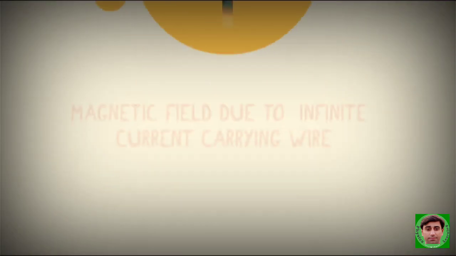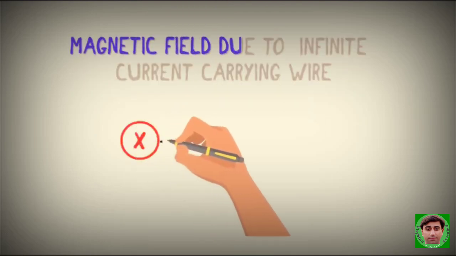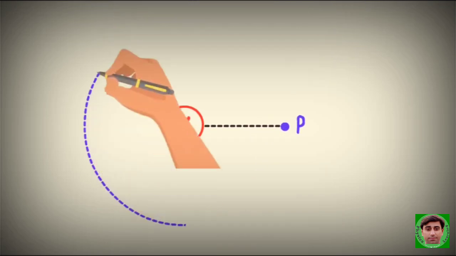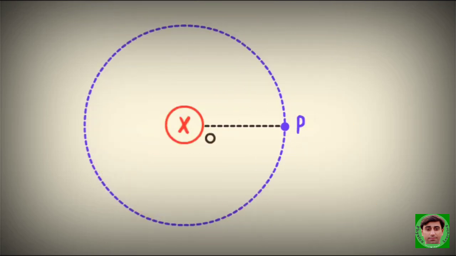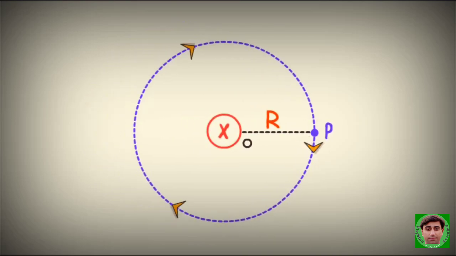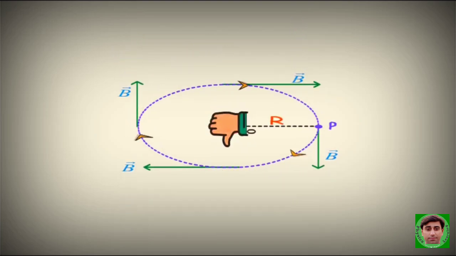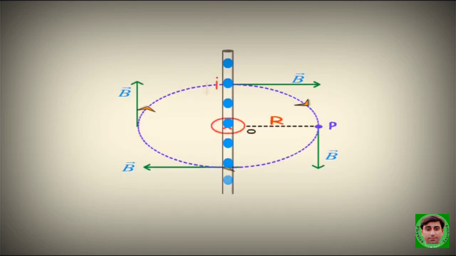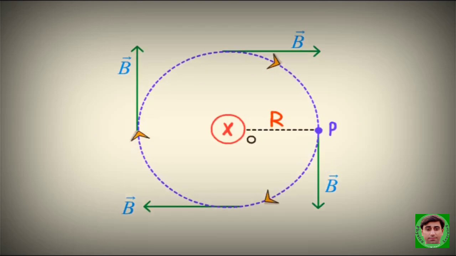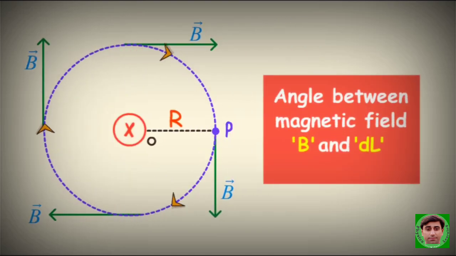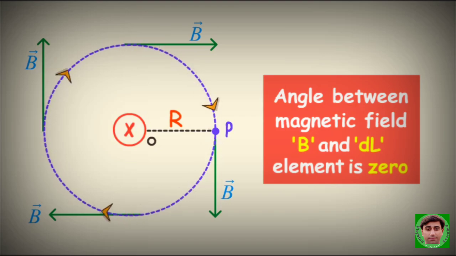As a simple application of this, we can derive the magnetic field due to an infinite current carrying wire using Ampere's Circuital law. Draw the circle through P with center O and radius R. Assume the direction of Ampere's loop is anticlockwise. By using the right-hand thumb rule, the direction of positive current comes out to be inward. The angle between magnetic field B and the dl element is equal to 0.